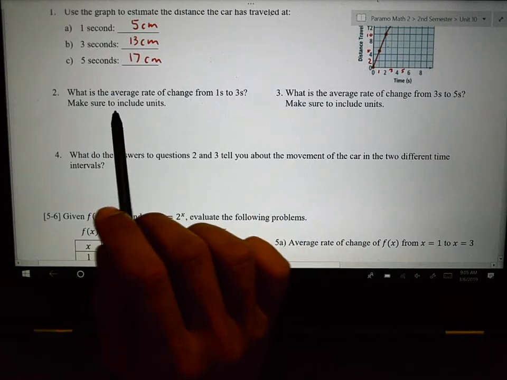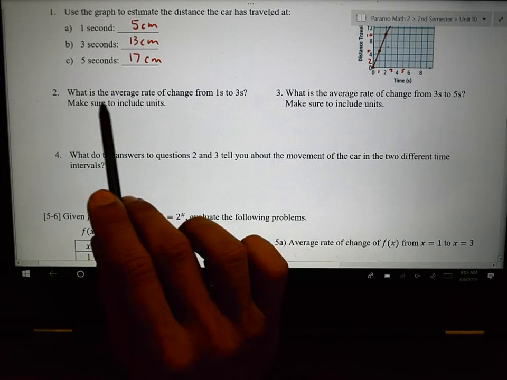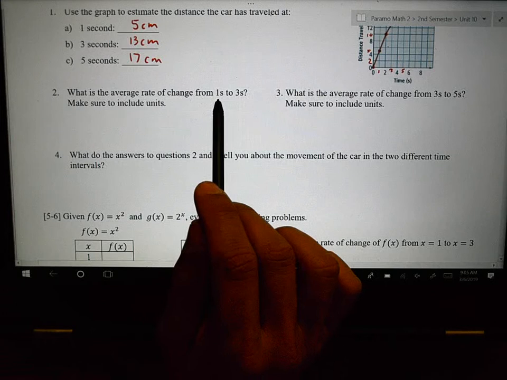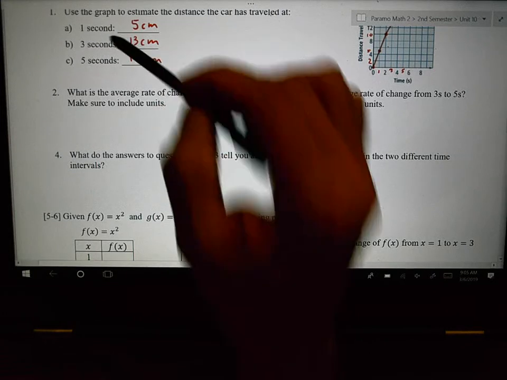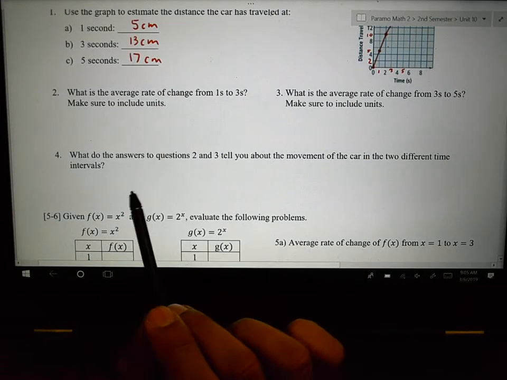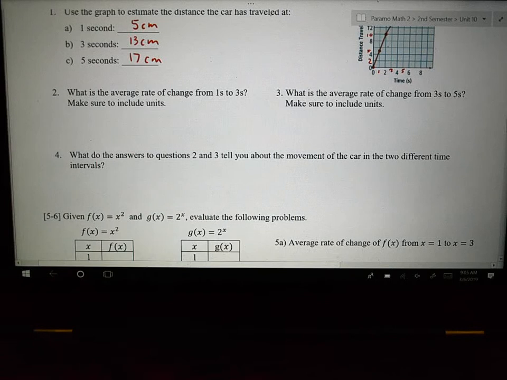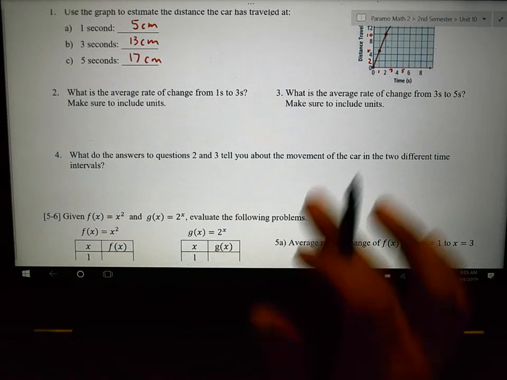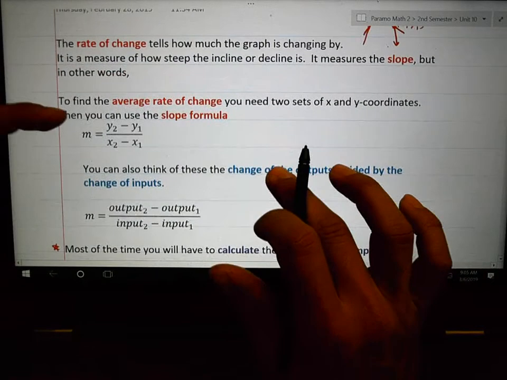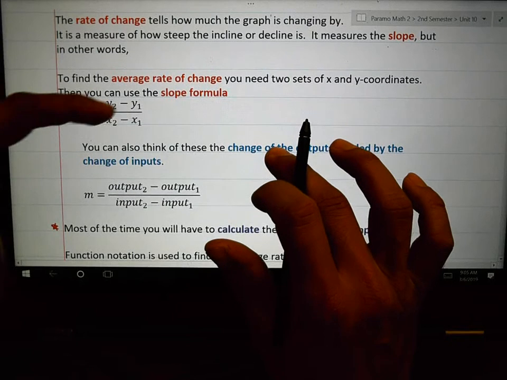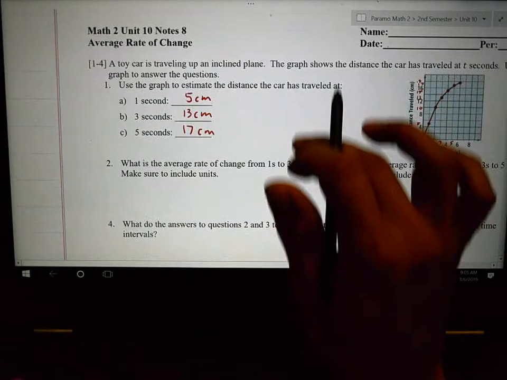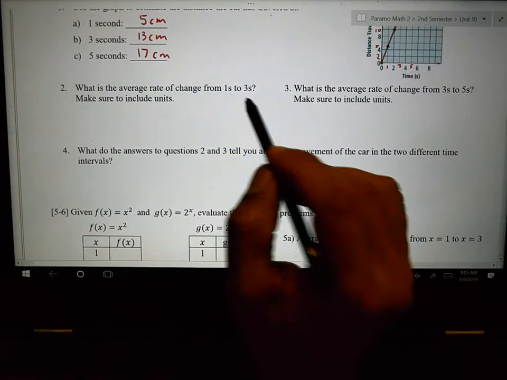Then, this is what the major idea of the question is. What is the average rate of change from 1 second to 3 seconds? From here to here, what is the average rate of change? They don't give you a formula. You're supposed to know. So then we go back up to our notes. How do I find it? We do a y2 minus y1 over x2 minus x1. This is your input.